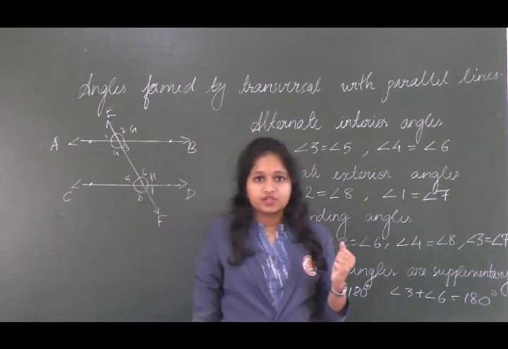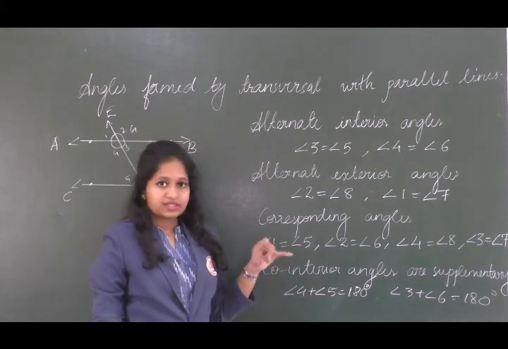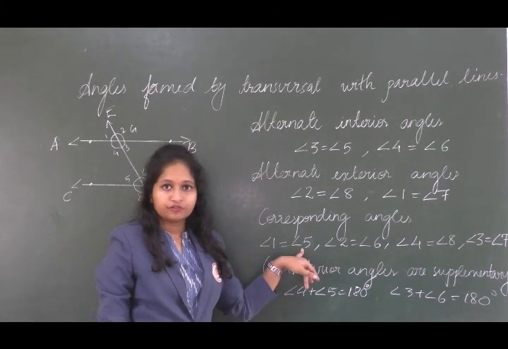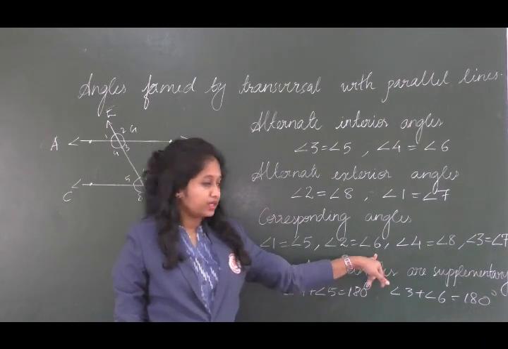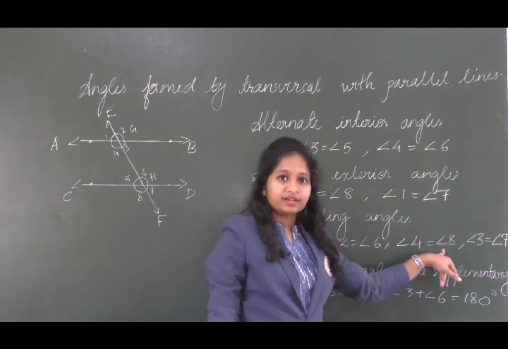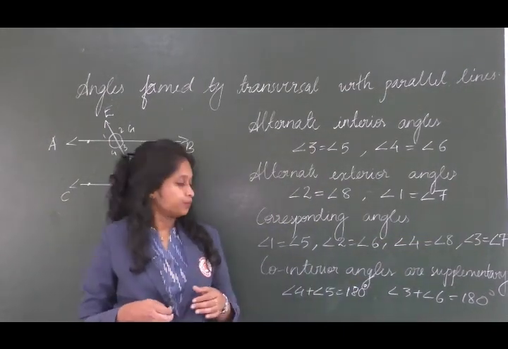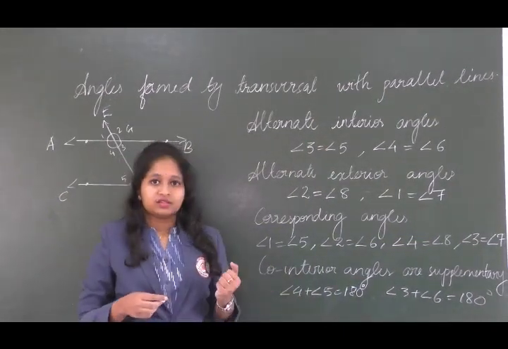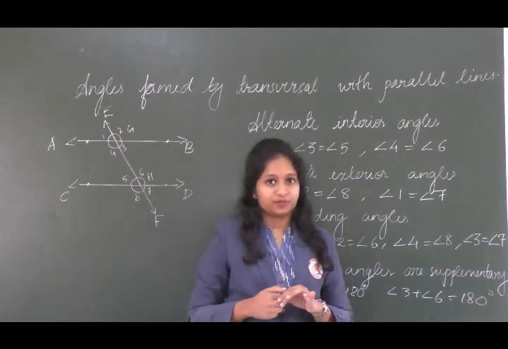And what about the corresponding angles? Corresponding angles such as angle 1 and angle 5 are equal, angle 2 and angle 6 are equal, angle 4 and angle 8 are equal, and angle 3 and angle 7 are equal. The last point is that co-interior angles are supplementary.